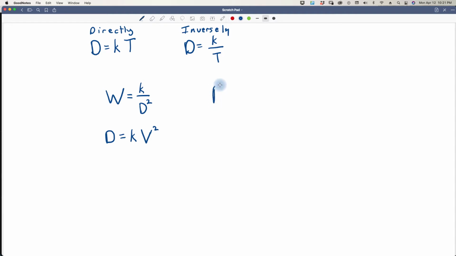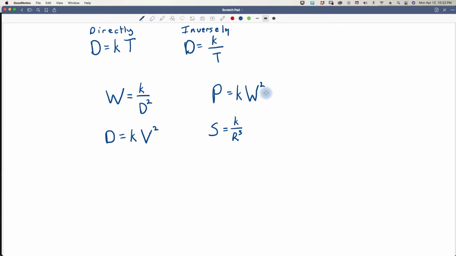The price of a diamond varies directly as the square of its weight. All right, one more. The strength of the field is inversely proportional, that's division, to the cube of the radius. So this time it's cubed, not squared, so we use a 3 exponent because it's the cube of the radius.